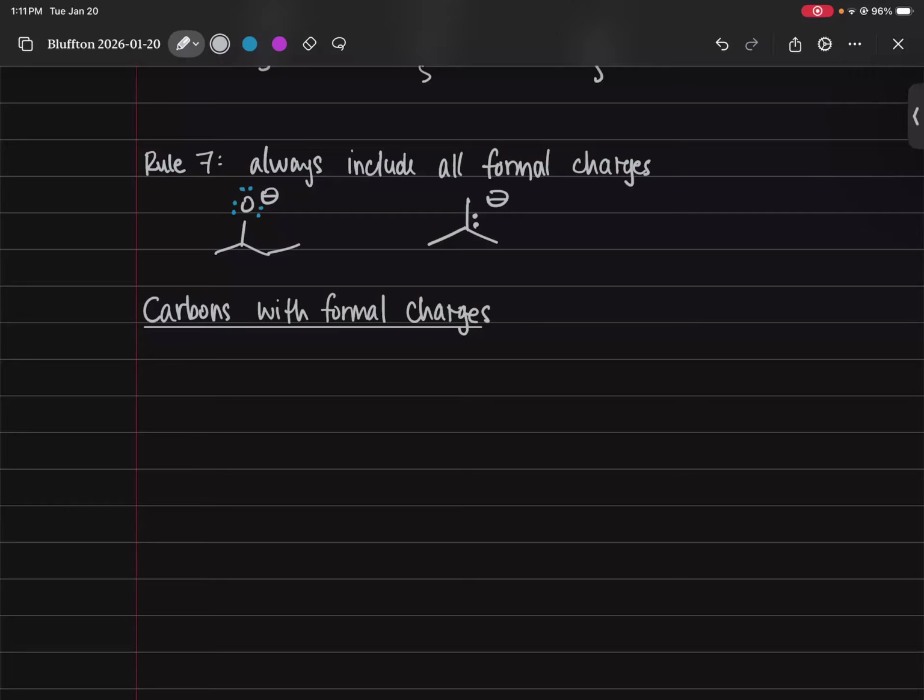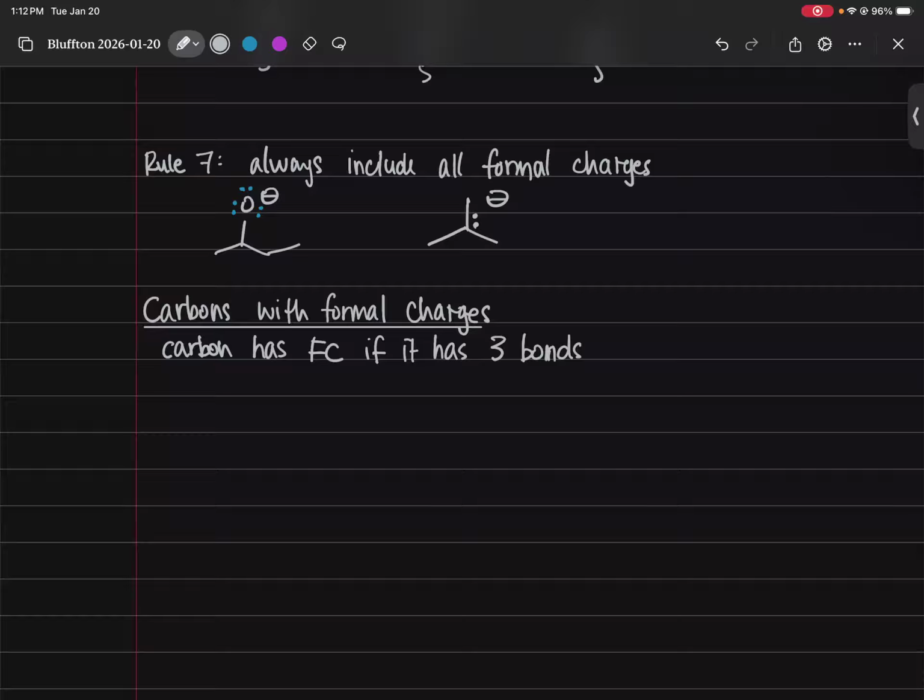Well, guess what? If it's got a formal charge, it has 3 bonds. Okay. So carbon has a formal charge if it has 3 bonds. And the reverse logical statement is true: if a carbon only has 3 bonds, it has a formal charge.